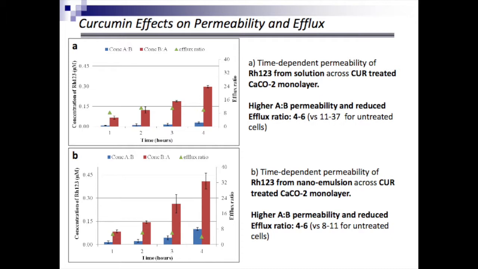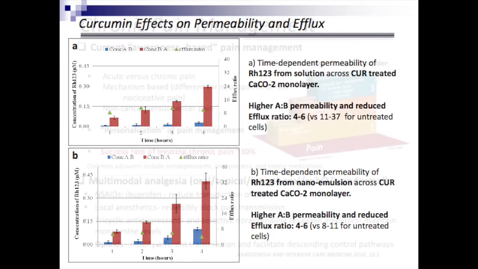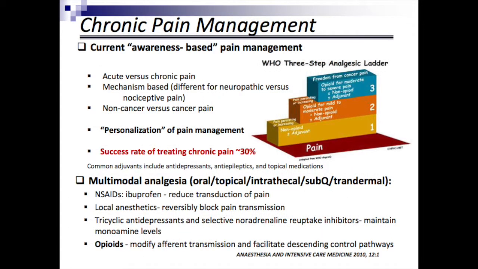So we were really excited to see these results in vitro, and then we started to think about doing some in vivo studies to see how this relates to an actual therapeutic molecule. So we got very interested in chronic pain management, and specifically in the different kinds of therapies used in the treatment of pain. As you know, there are a number of different classifications of pain: chronic pain, acute pain.